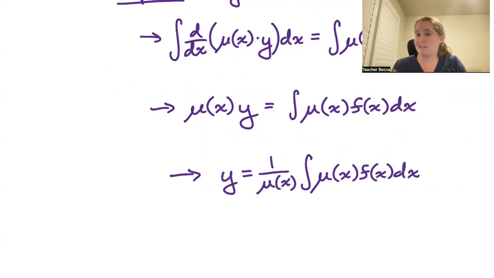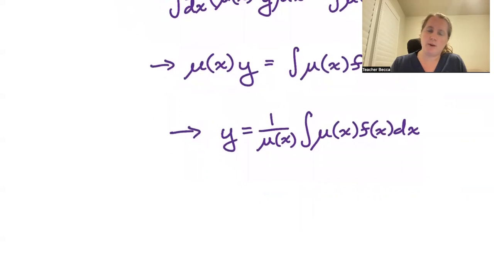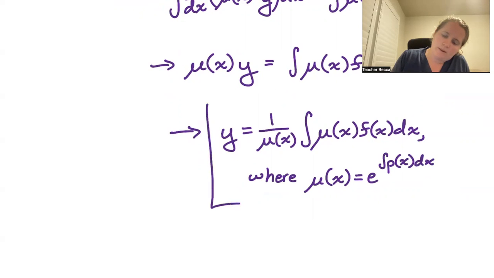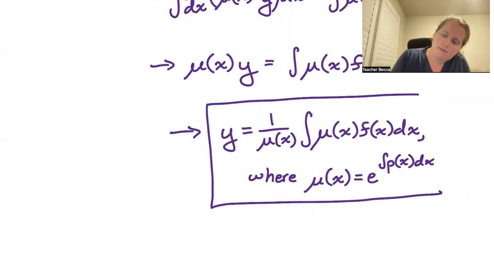So I just redid the 4 steps from the previous problem using a general equation instead of a specific one. And we get a very simple formula for our solution. So here, mu of x again was e to the integral of p of x dx.